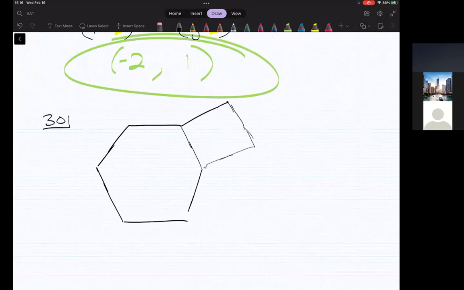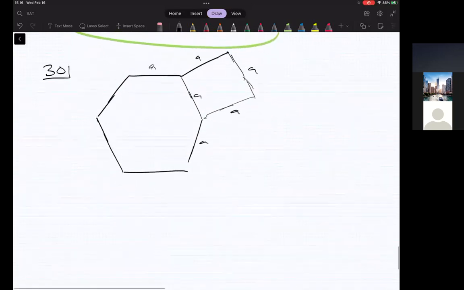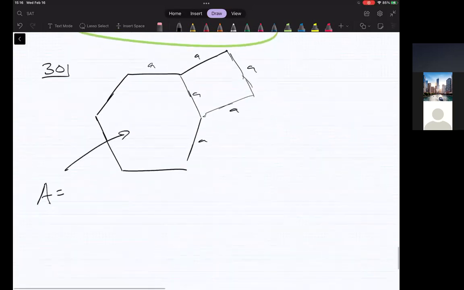It says the figure above shows a regular hexagon with sides of length A and a square with sides of length A, so everything is an A. If the area of the hexagon equals 384√3 square inches, then what is the area of the square?